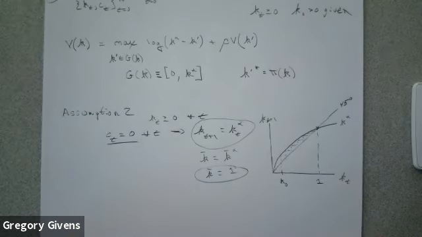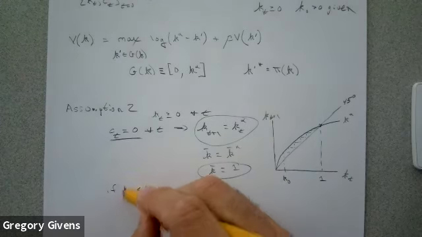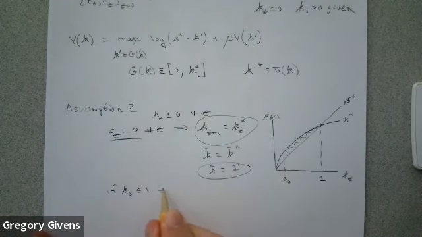So what do we know then? If K_0, I should say, is less than or equal to 1, then we know that K_t will be less than or equal to 1 for all t. If our K_0 is to the left of 1, we're never going to have a K that's higher than 1.